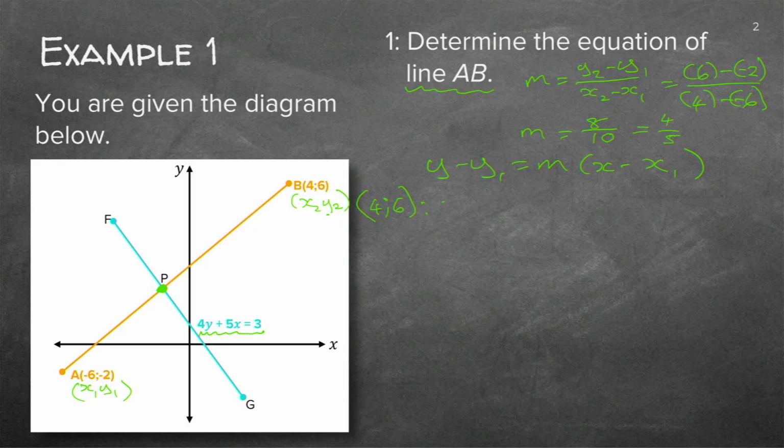And I'm going to do y minus 6. M I found, 4/5, times x minus 4. And if I write this neatly, it will be 4/5 x minus 16 over 5 plus 6.